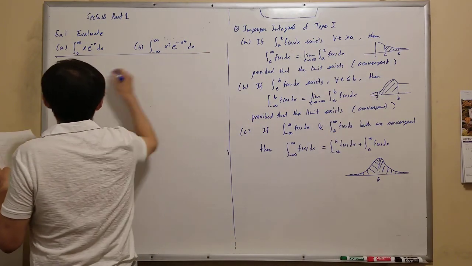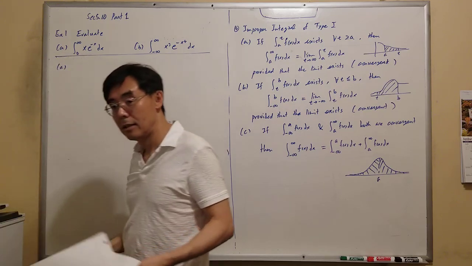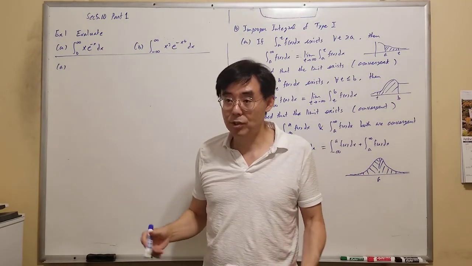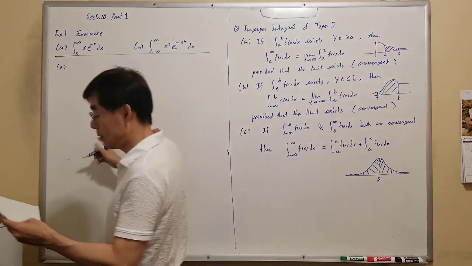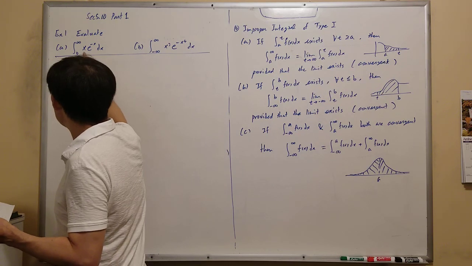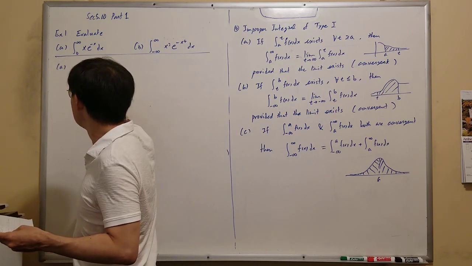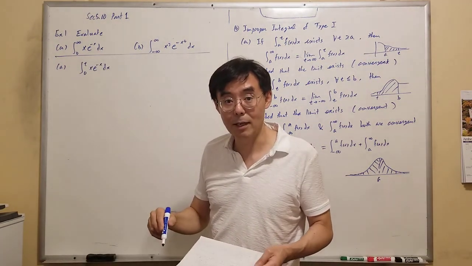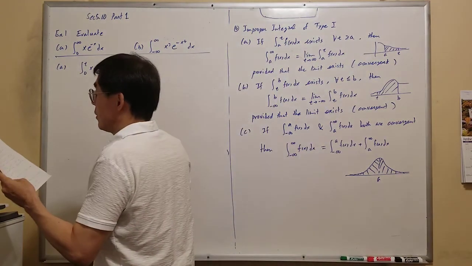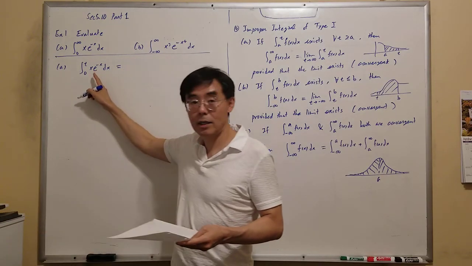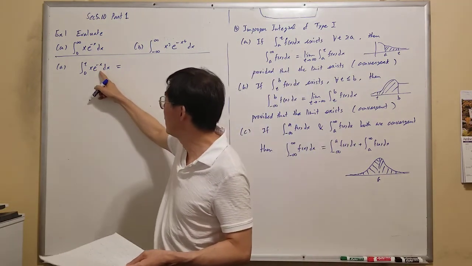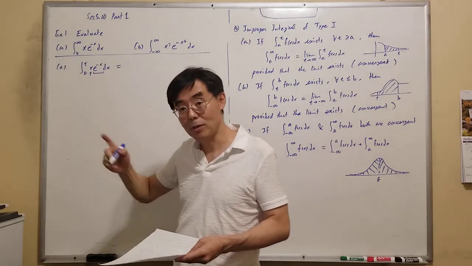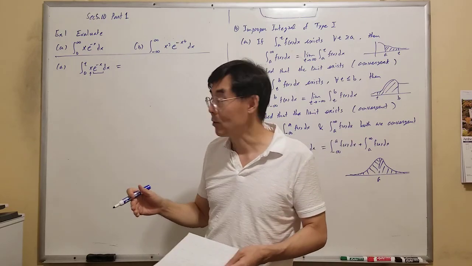All right, solution A. These are continuous everywhere, from 0 to infinity. So this one will be just the limit of the integral from 0 to t of x e to the minus x dx. Let's consider this one before we take the limit as t goes to infinity. Here we have to use integration by parts. We integrate this one and differentiate this one, so that x will disappear when we differentiate.